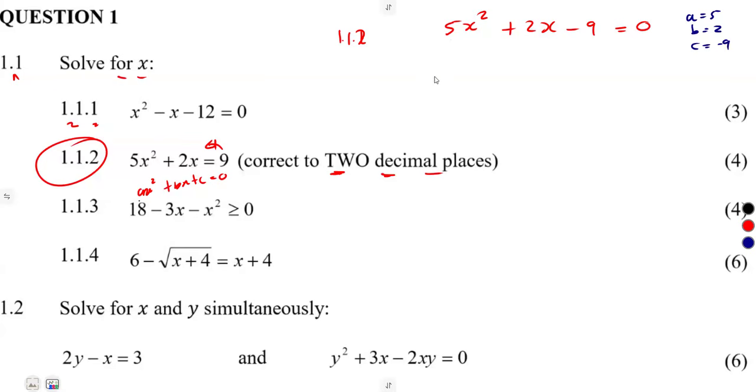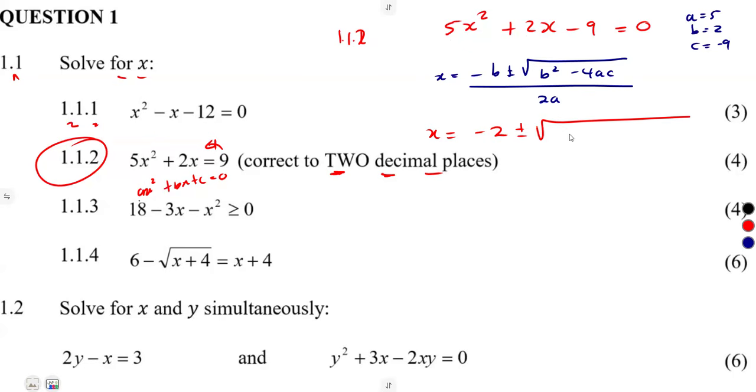Substituting into our formula. All right, guys, I erased the formula, so let me just rewrite the formula back here. Then substituting our values, it is going to be negative b, that's negative 2, plus or minus the square root of 2 squared minus 4, where our a is 5 and our c is negative 9, over 2 times a, that's 2 times 5.